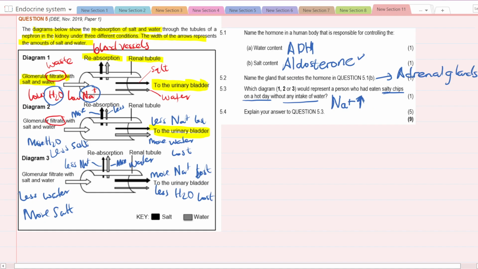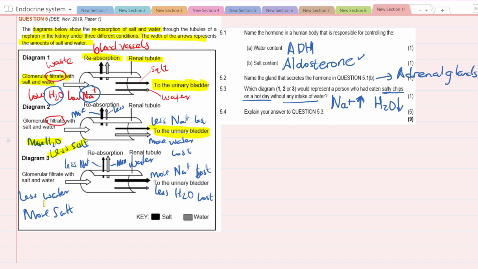So there's a high concentration of salt, and a low concentration of H2O. If you check with our analysis here, diagram 2 was more water, less salt, so this one is less water, more salt.